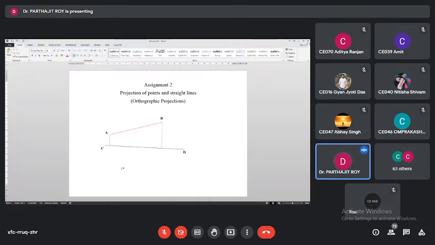And if I call the foot of the perpendicular on the line CD from end A, the corresponding small letter a, similarly this one corresponding small letter b, then we say that the projection of AB on CD is small a small b, isn't it? Yes or no?